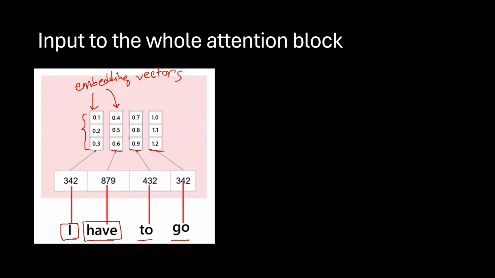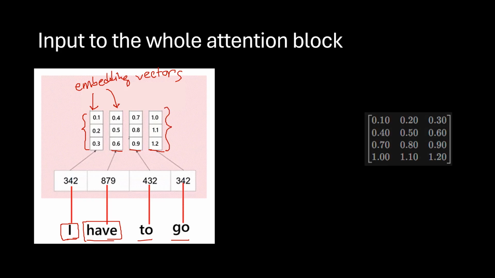So we have 4 embedding vectors that we want to put into the network. And if we look at it, we can easily see that we can comprehend this as a matrix. And that's what we will do. We will interpret this set of 4 embedding vectors as a matrix. Specifically, each row of the matrix will contain a single embedding vector. So the first row of the matrix is this first embedding vector corresponding to I. The second row is the second embedding vector corresponding to have. Third one is corresponding to to.